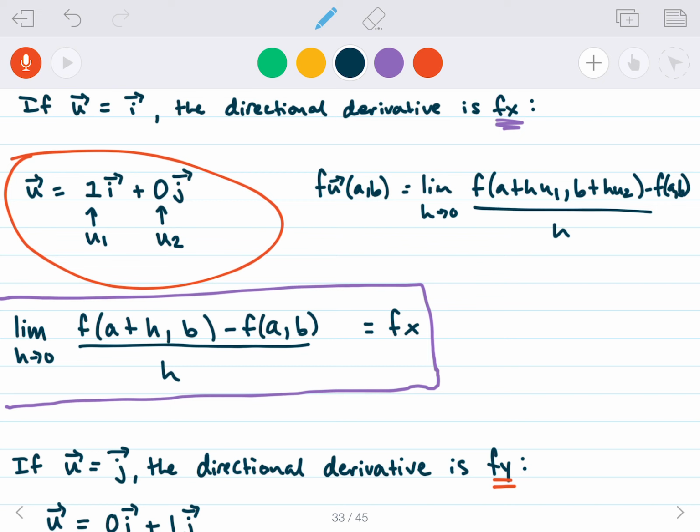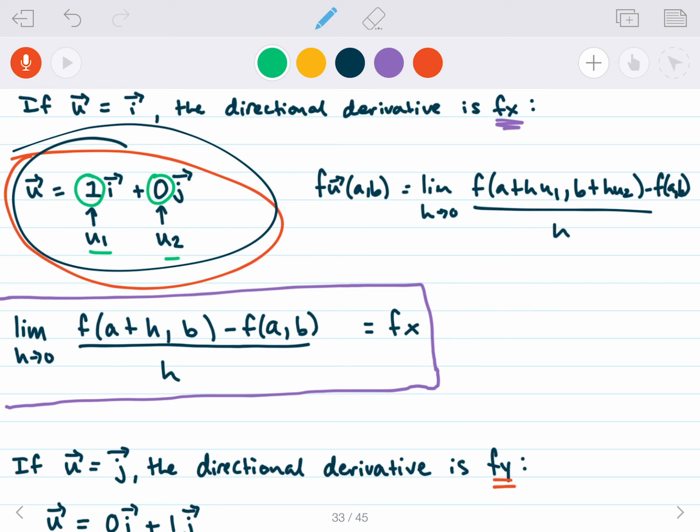So the idea here is that because our unit vector in the direction of the x-axis is i, that means that our x component of this vector is 1, our y component is 0, so u1 is 1 and u2 is 0, which means this goes to 0, and we can see that this is exactly the definition that we came up with last time for partial derivatives with respect to x.